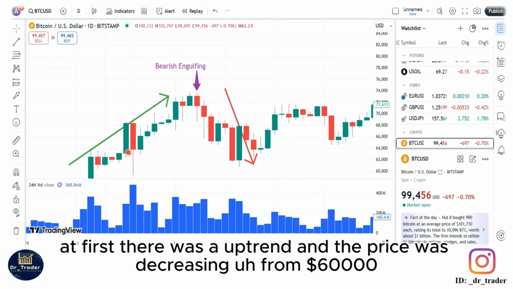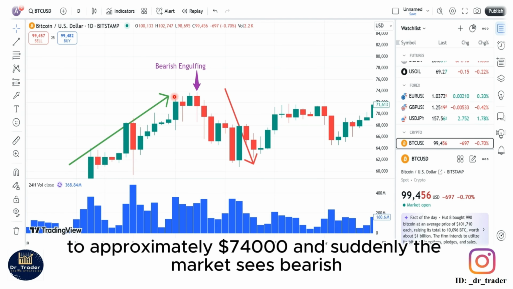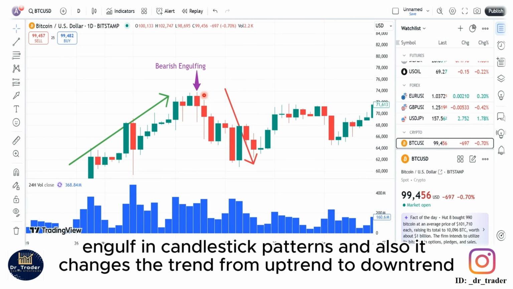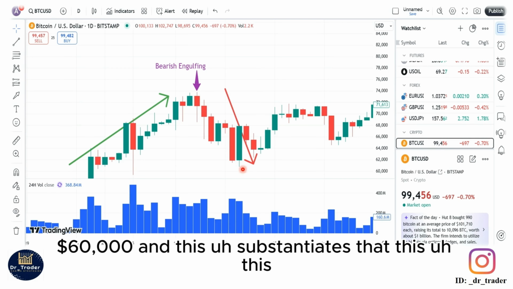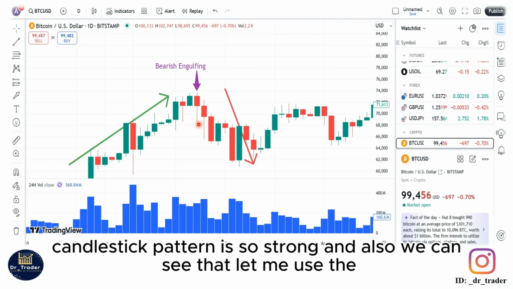As you can see, at first there was an uptrend and the price was increasing from $60,000 to approximately $74,000, and suddenly the market sees a bearish engulfing candlestick pattern, and it changes the trend from uptrend to downtrend, and the price decreased from $74,000 to approximately $60,000. And this substantiates that this candlestick pattern is so strong.